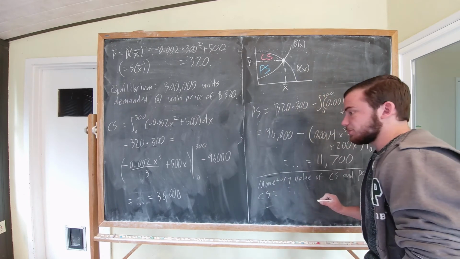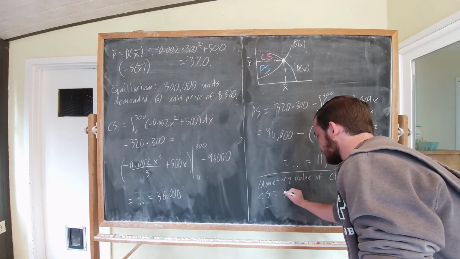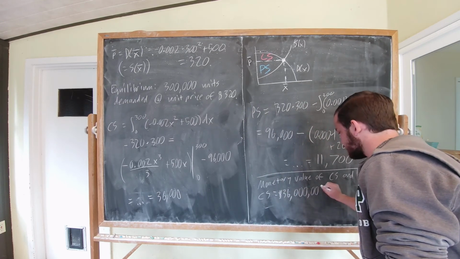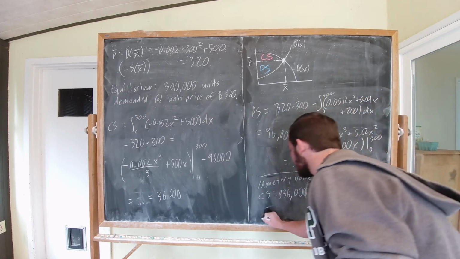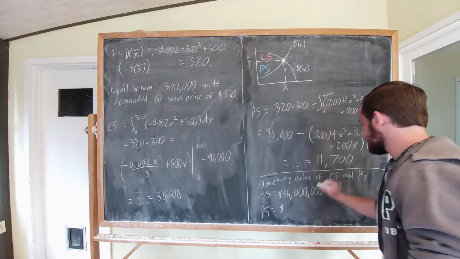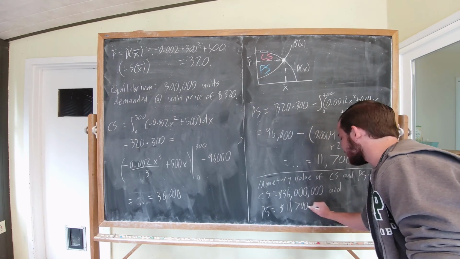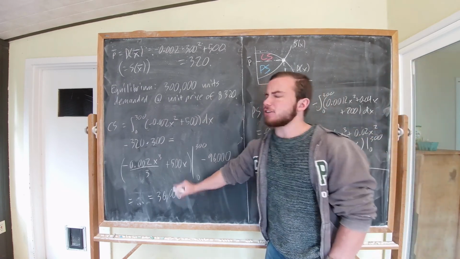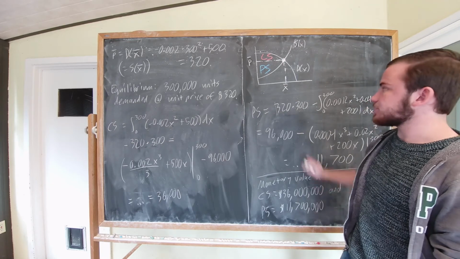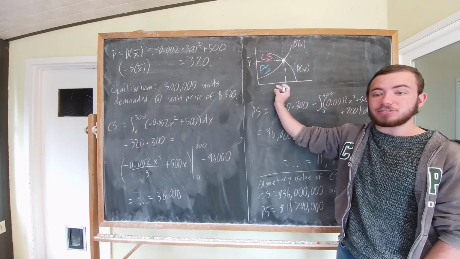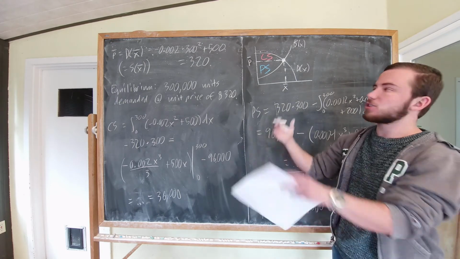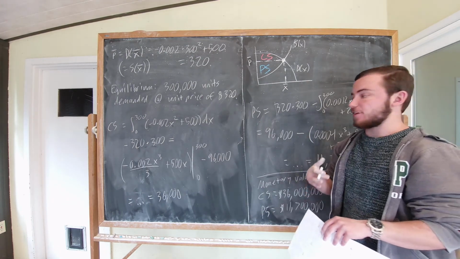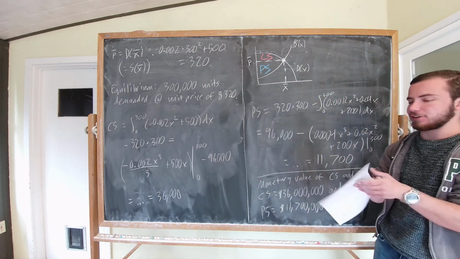So the consumer surplus would be $36 million, and the producer surplus would be $11,700,000. You can think of it this way: if 36,000 is this area and 11,700 is this area, where x is measured in thousands, if we want x to be measured in ones, we would stretch out by a factor of 1,000. So that's where that multiplication by 1,000 is coming from.